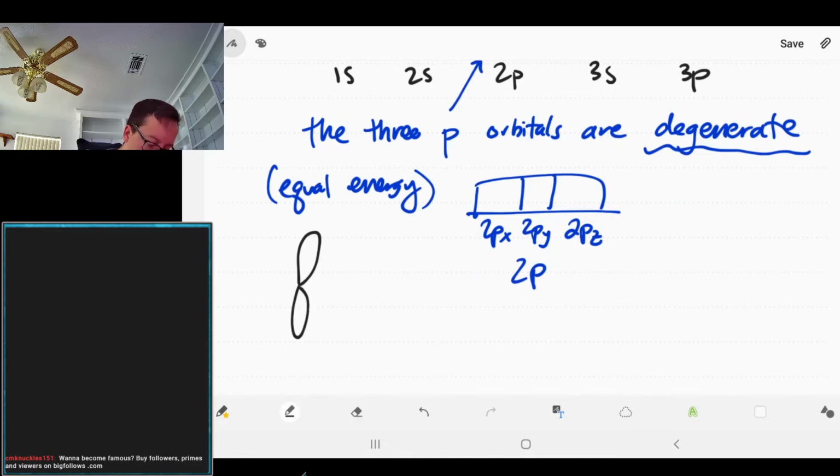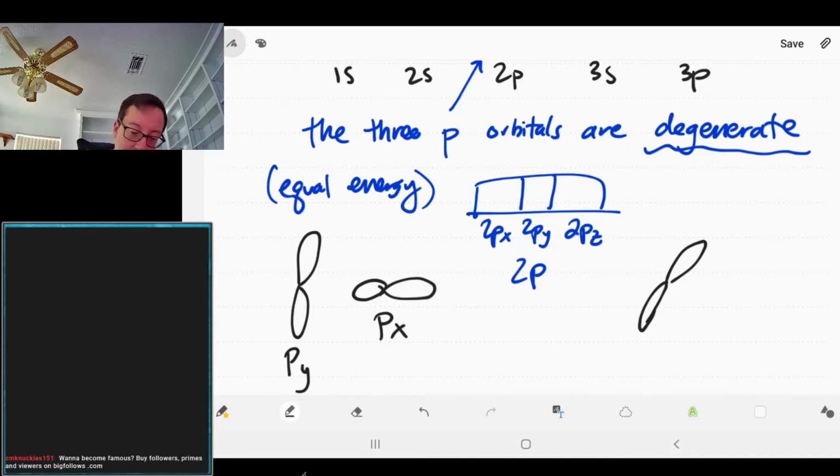Here's our py. This is our px, and then we have our pz, which is going in and out. All of those are equal energy to each other. And so electrons would rather be by themselves first.